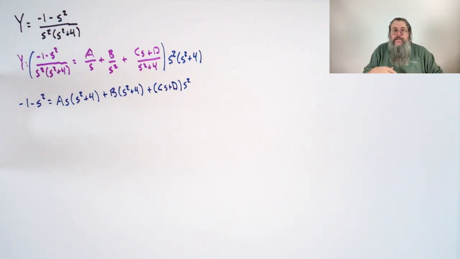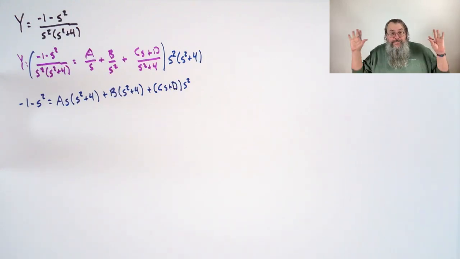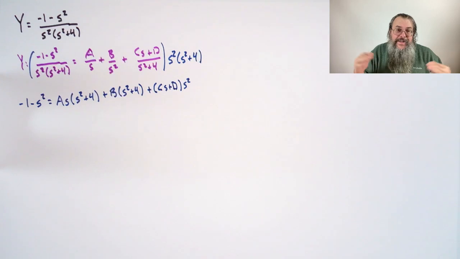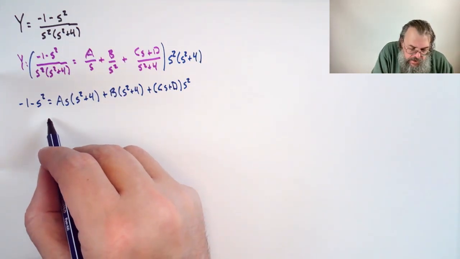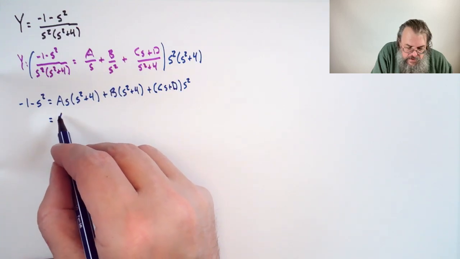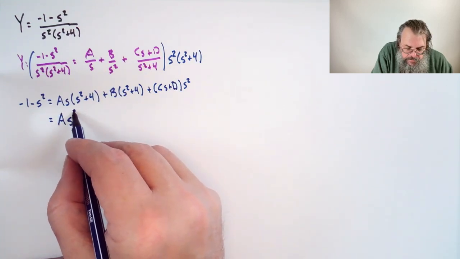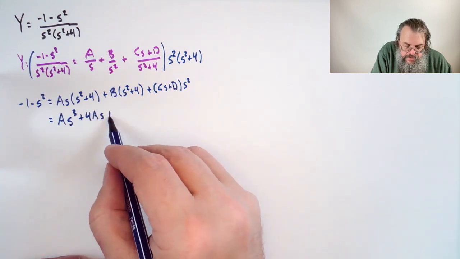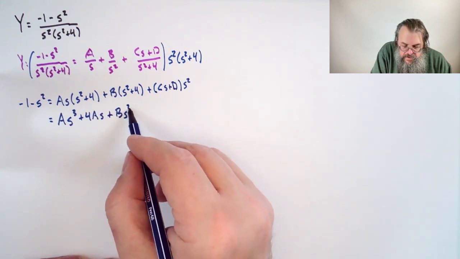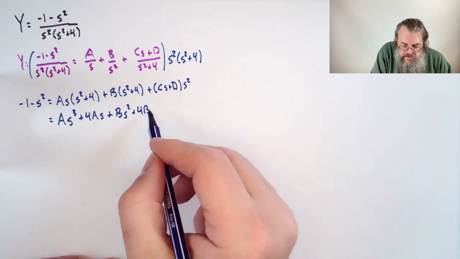Now let's go ahead and expand and group coefficients, because that's what we ended up doing last time. It worked okay, and there's a mantra: if something worked before, it should work again. At the very least, we should be comfortable with the process.